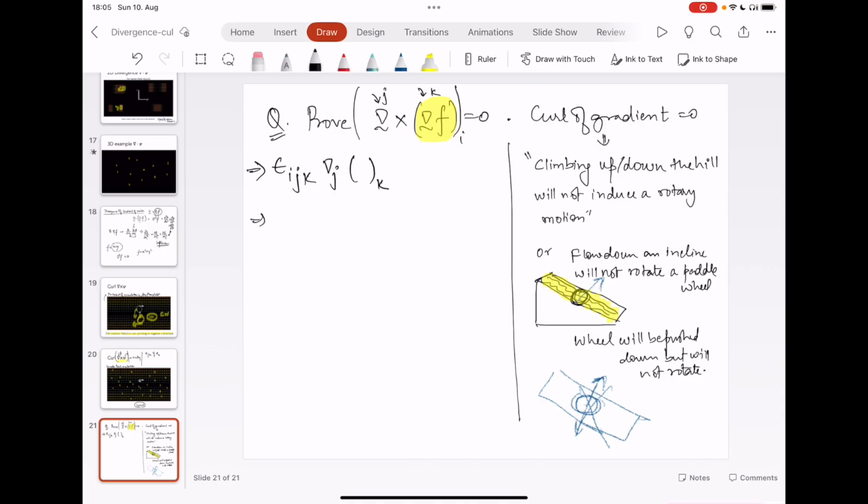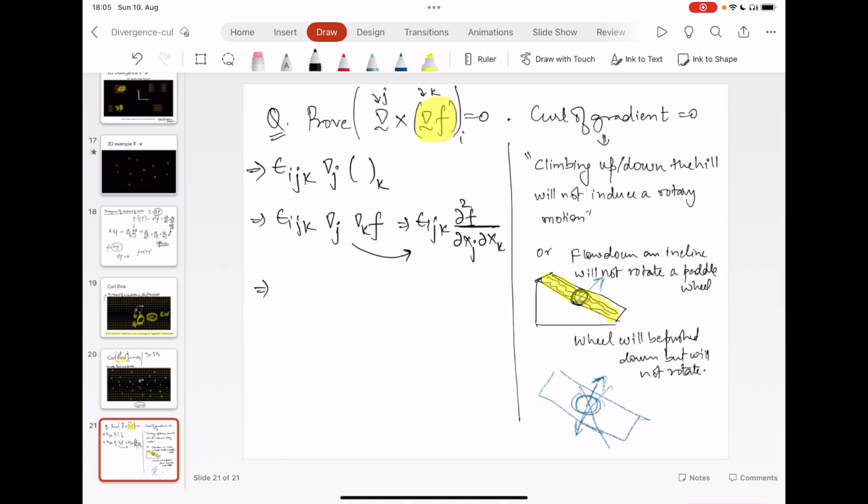Now let's open the bracket, so we get epsilon i j k del j of the gradient of f. So we have del k f. Epsilon i j k dou by dou x j, dou by dou x k. I'm just writing it in the conventional form. Nothing special here.